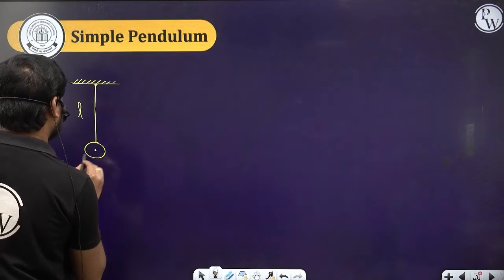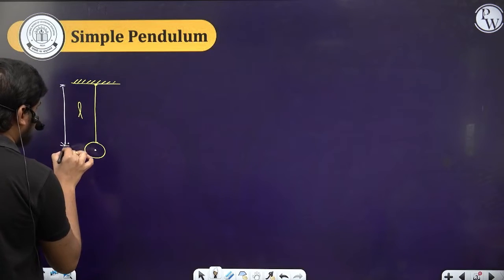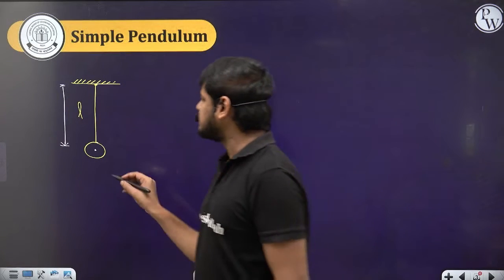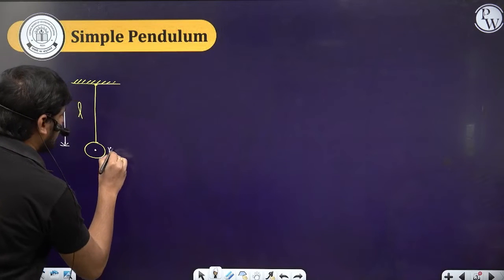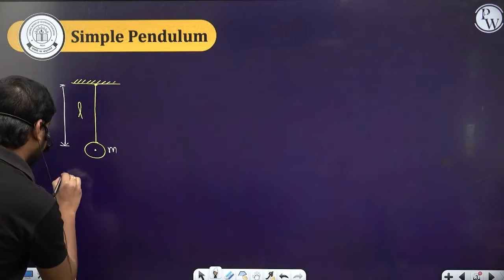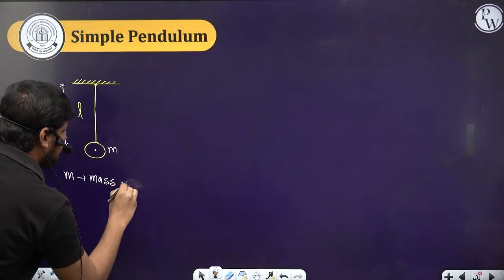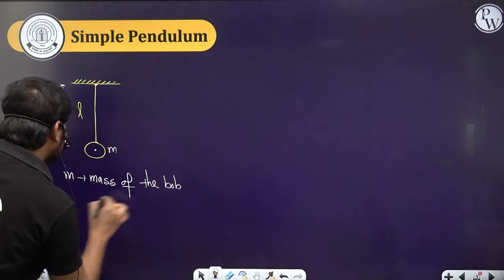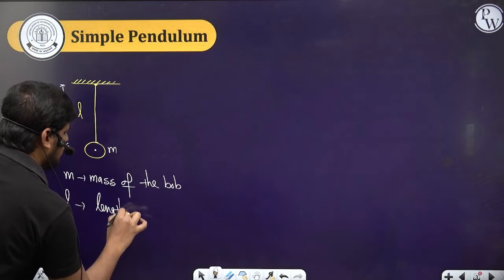So this whole length is L. Here m is the mass of the bob, and L is the length of the string, or we can say the length of the pendulum.